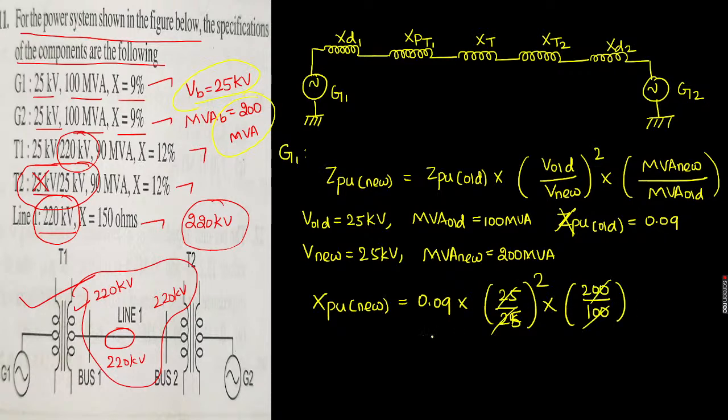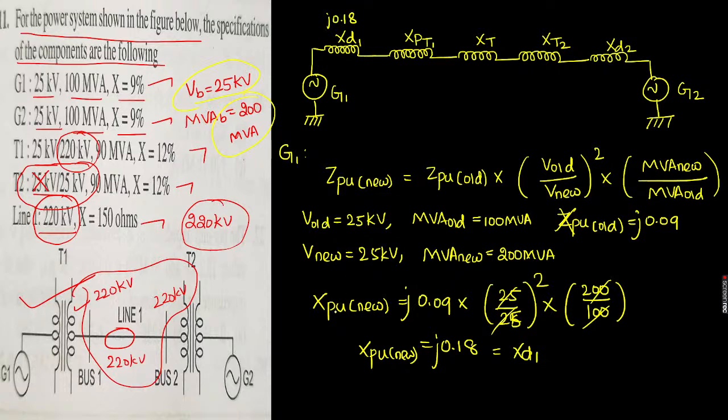These zeros get cancelled out. If you multiply, you will get 0.18. We are calculating reactance, so the j will appear here. So X per unit new for the generator is j0.18. That is XD1. XD1 is j0.18.